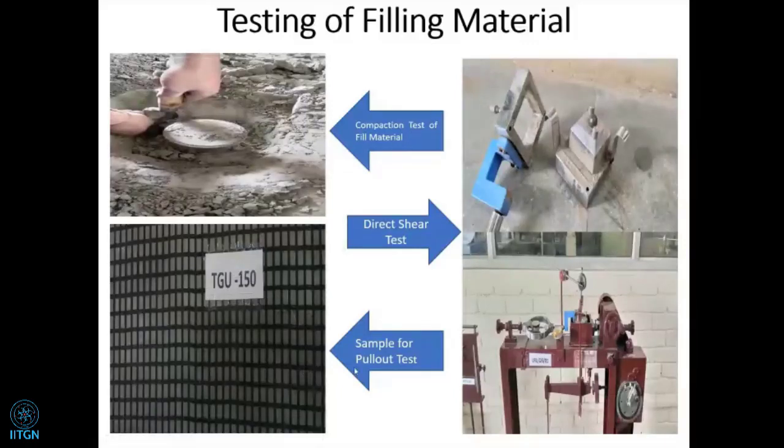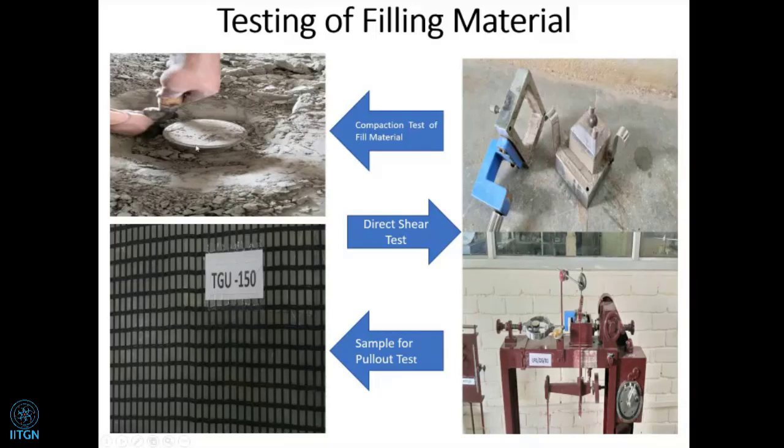This picture shows how we have to select the filling material and what kind of testing is required before selecting any fill. This is the geogrid which we have to use in our testing for the pull-out test, having 150 kilonewton per meter strength. Then we have to compact our soil. Before compaction, we have to check the C and phi shear strength parameters of the soil we are going to use.